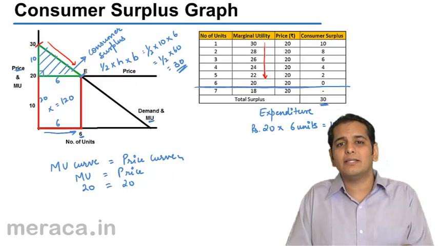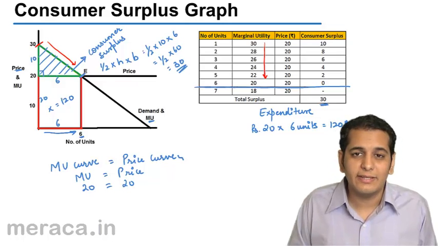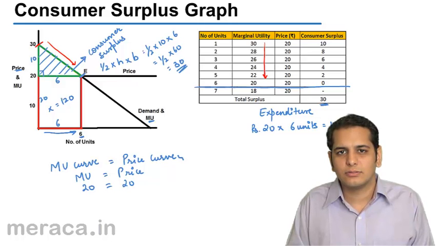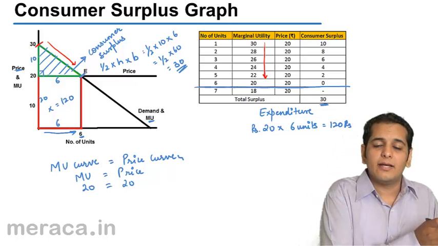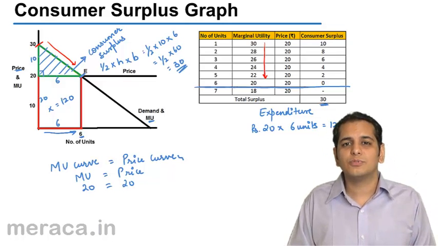Now this bargaining is nothing but consumer surplus for them. They are ready to pay a particular price and they pay a different price. The difference of both is consumer surplus.